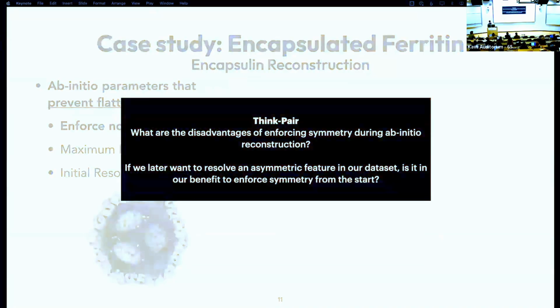I'm going to do a think-pair as well now. I want you to think: what are the disadvantages of enforcing symmetry during ab initio reconstruction? And if we later want to resolve an asymmetric feature in a data set, is it to our benefit to enforce symmetry from the start? This is quite a bit of review from this morning, so I'll probably not do the full 4 minutes of discussion. It will be a bit more low tech than Rich's. I'll simply call out when it's time to share with your neighbor.